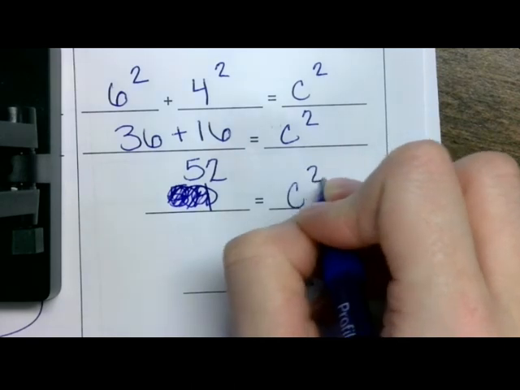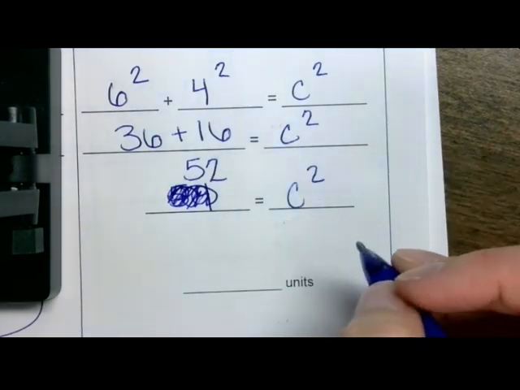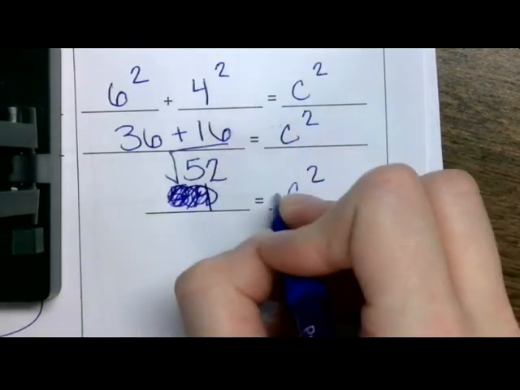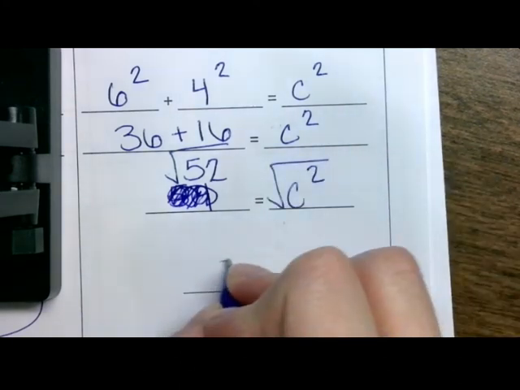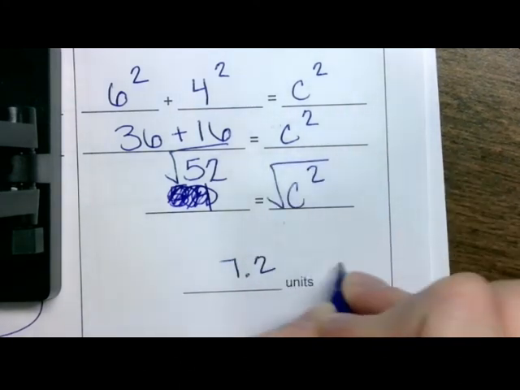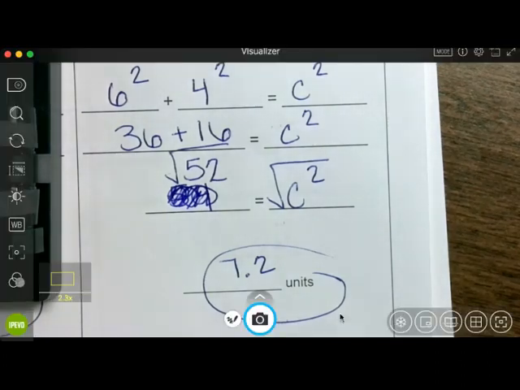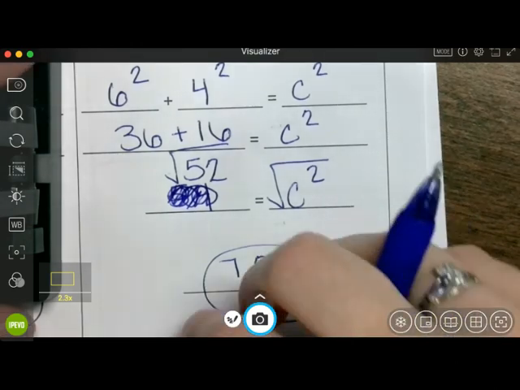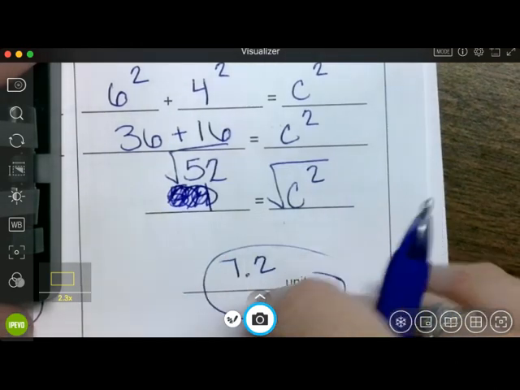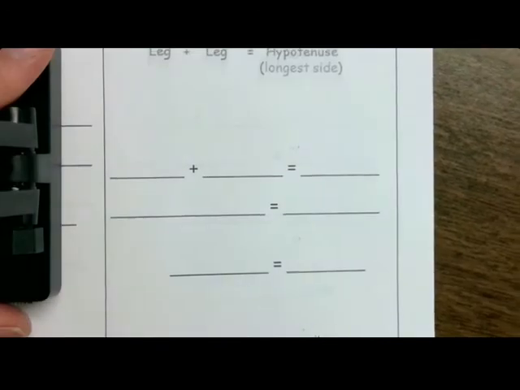Struggle is real. Then when I take the square root of 52, I get 7.2 units. So we're going to look at the last two now, okay, on the next page.